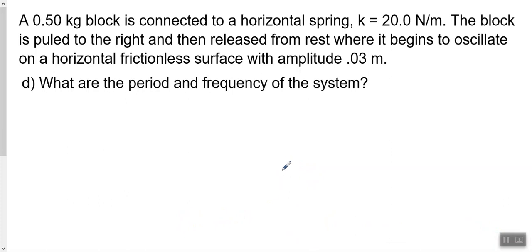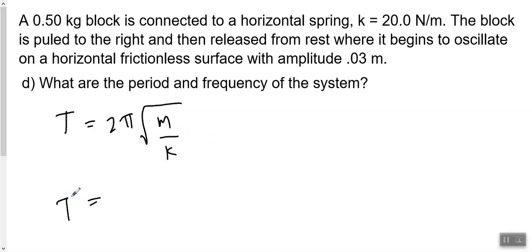Now what about the period? How do we find the period and the frequency? The period for a spring is equal to 2 pi times the square root of the mass over the spring constant. You should get an answer that is approximately 19.9 seconds.